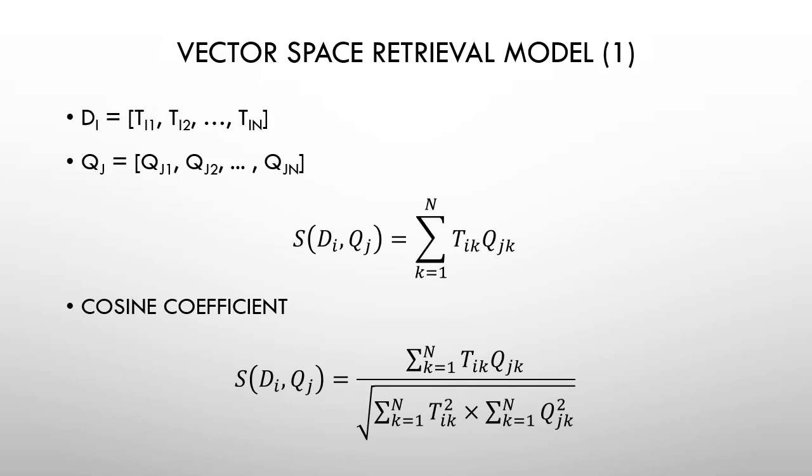Now the same thing applies to documents: each of our documents is represented by term 1, term 2, term 3, term 4, and so on. So any document Ti will be considered to consist of term 1, term 2, term 3, and so on until term number n.